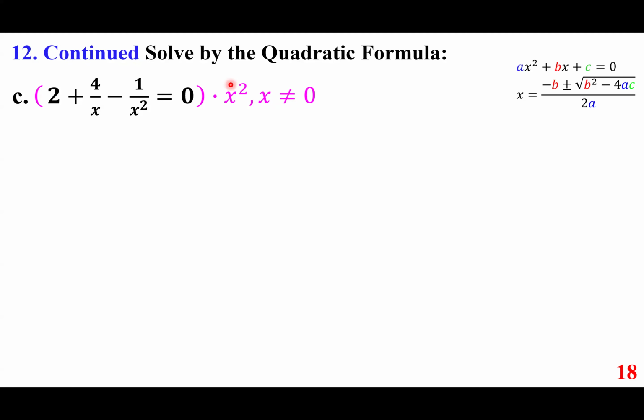So if we multiply by x squared, we get 2x squared plus 4x minus 1. The right side, 0 times anything is 0. So now we are back in business where a is 2, b is 4, c is negative 1.